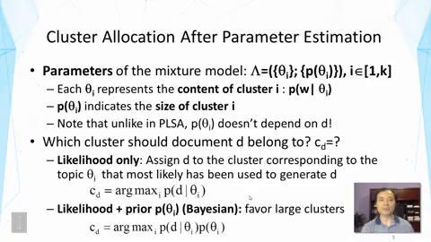Now let's look at the key problem of assigning clusters to documents. That's to compute the C sub D here, which will take one of the values in the range of 1 to K to indicate which cluster should be assigned to D. First, you might think about a way to use likelihood only, and that is to assign D to the cluster corresponding to the topic theta i that most likely has been used to generate D. That means we're going to choose the distribution that gives D the highest probability.